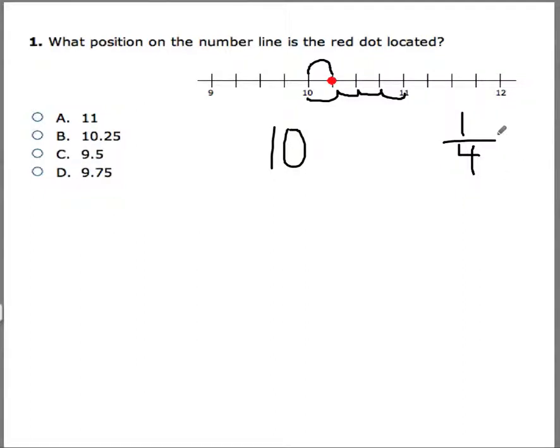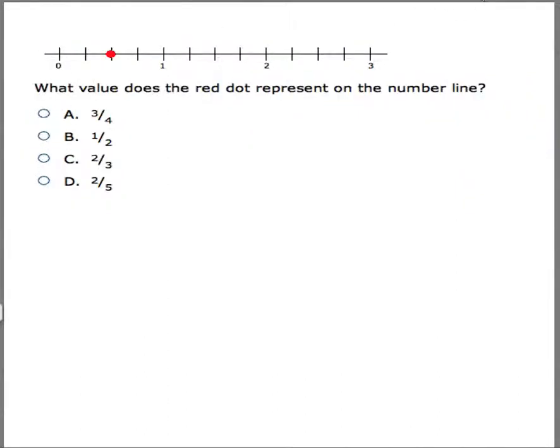And you know that 1/4 can be turned into a decimal called 0.25, right? Those are quarters. So our answer turns out to be 0.25. And we see here on B, that's the answer. Not too difficult. Let's try another one.